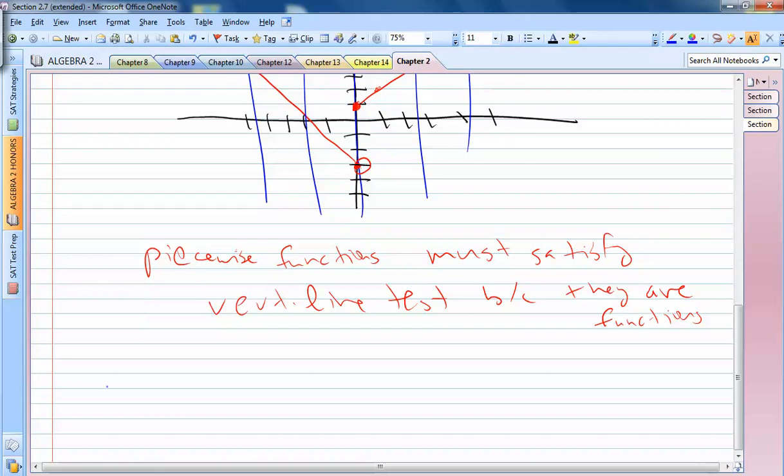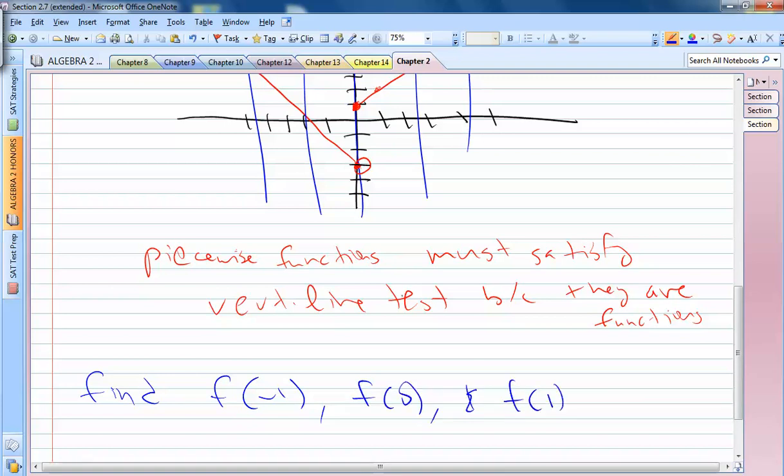A few other things we'll do. Let's say we'll try to find the following. Let's find f of -1, f of 0, and f of 1 using the function that we have above.